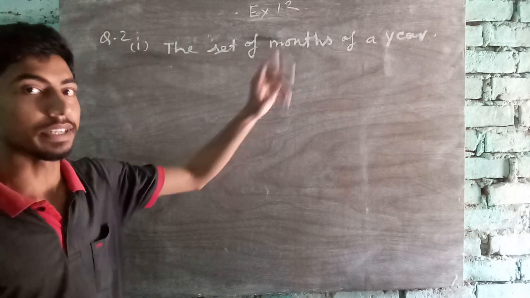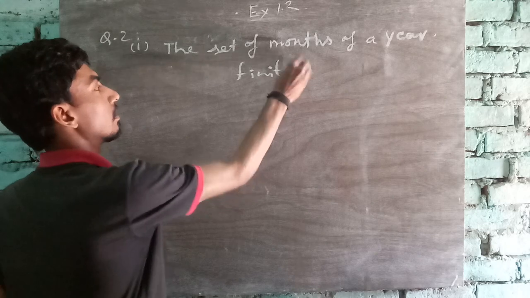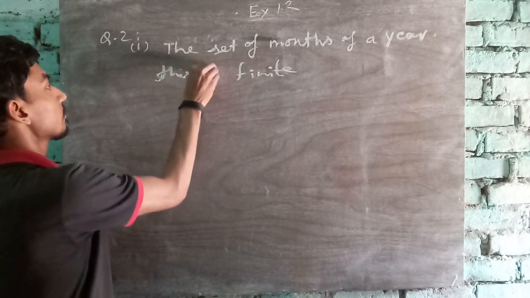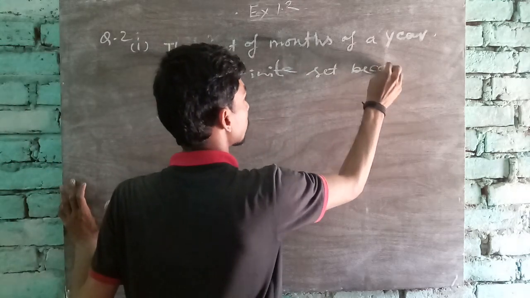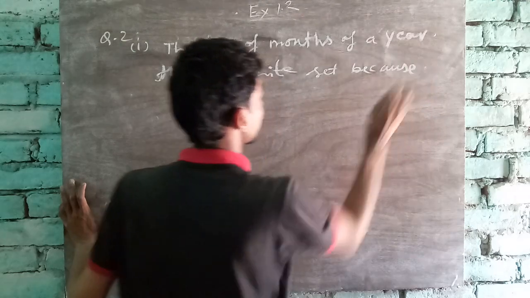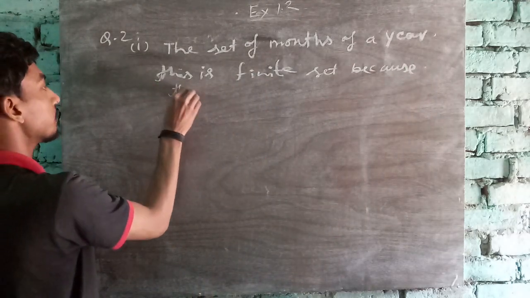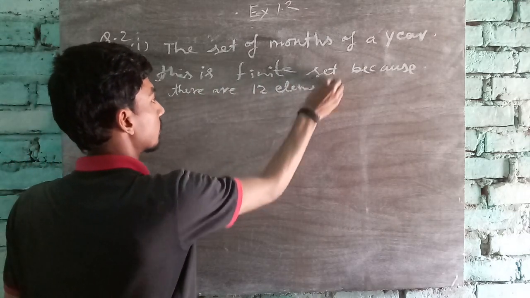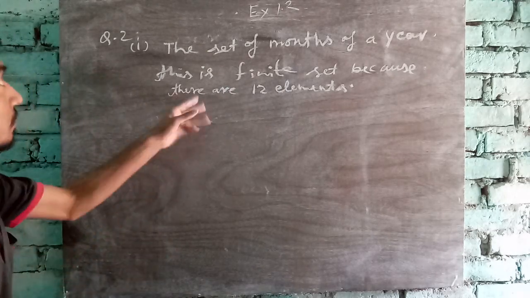There are 12 elements. Okay, therefore this is a finite set.